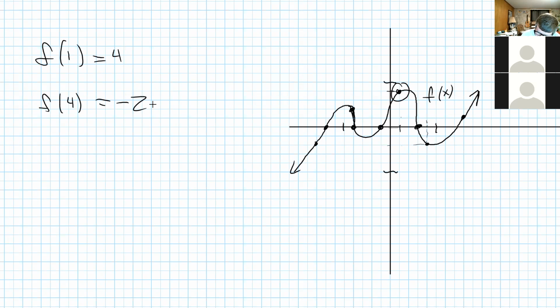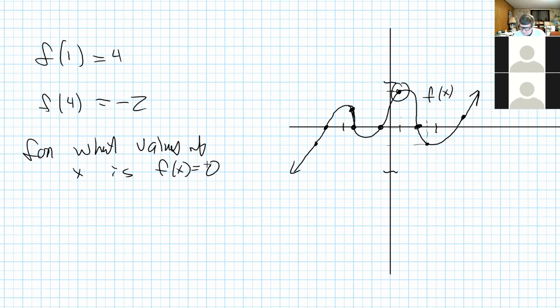How about for what values of x is f of x equal to 0? Well, let's see. That would be when x is what? -7, 4, 1, 3, and I'm going to fudge this a little bit.